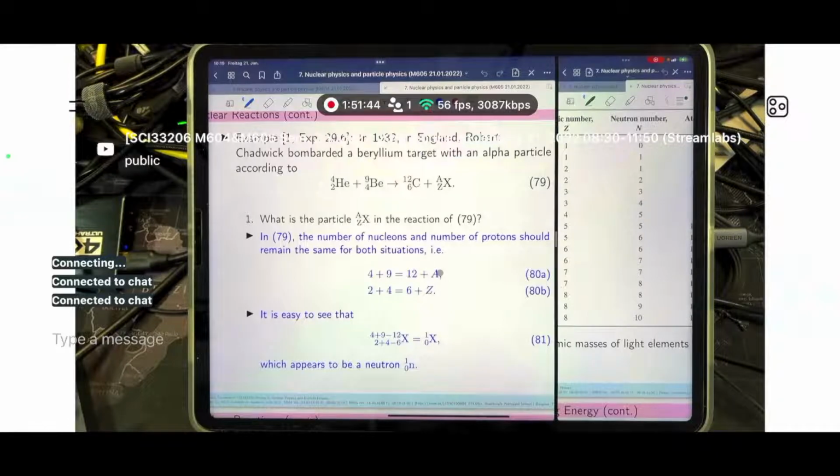The upper number is the number of nucleons, the number of protons plus the number of neutrons, right?